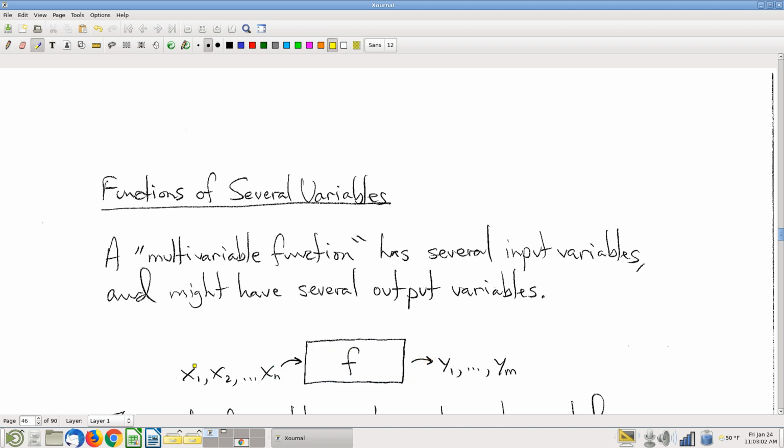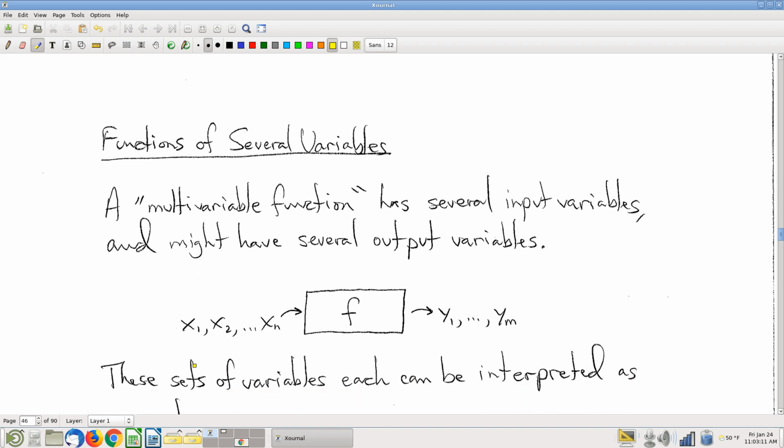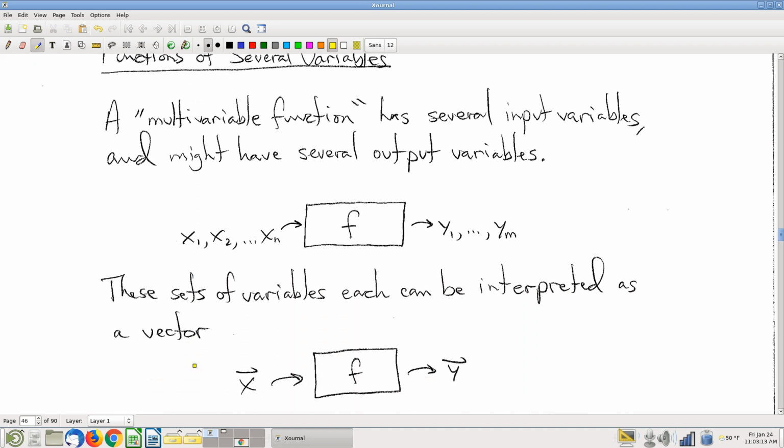Before I get to examples, I do want to talk about notation a little bit and the way we think about these things, because it's super convenient. I make the observation that you can think of a bunch of variables as being the coordinates of a vector.